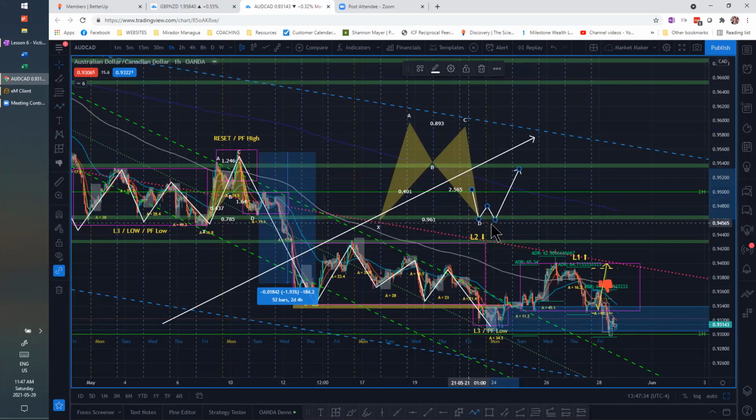So they were looking for entries in here all the time, up in here. And 90% of the time it put me in drawdown down to here. And we were looking at stop losses just a few pips below this point, but often the second leg of the W comes down a little bit. So I was always getting stopped out and then it would take off.